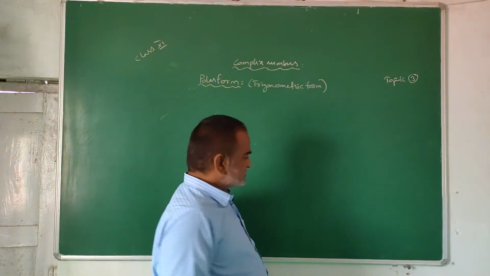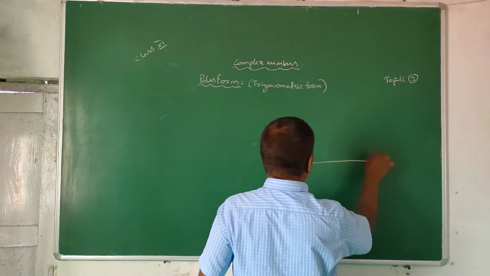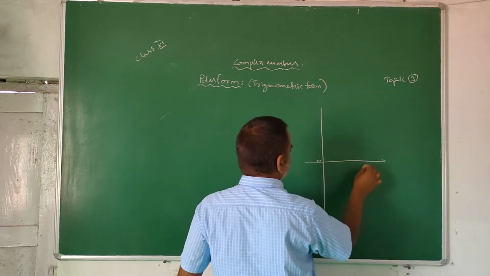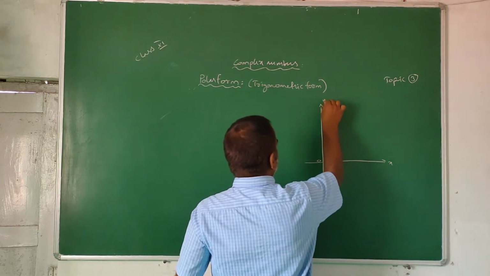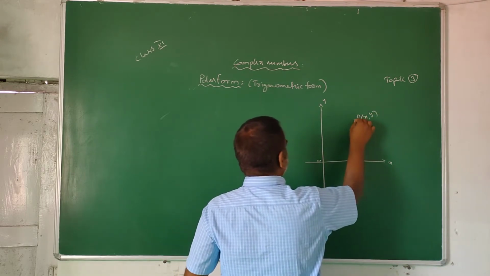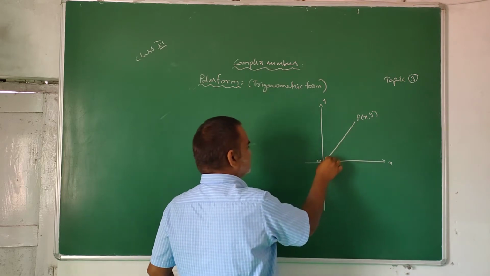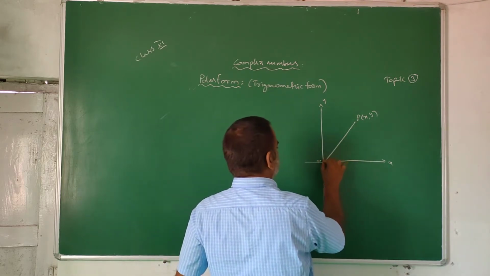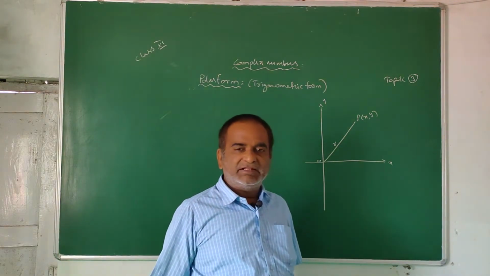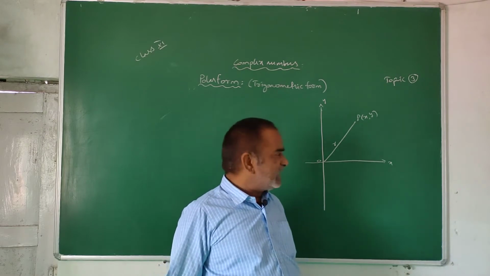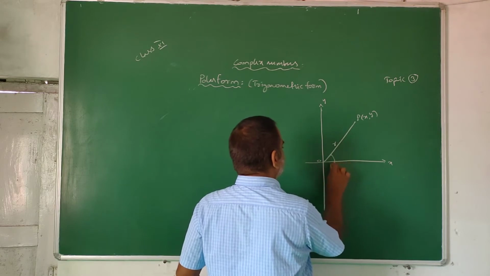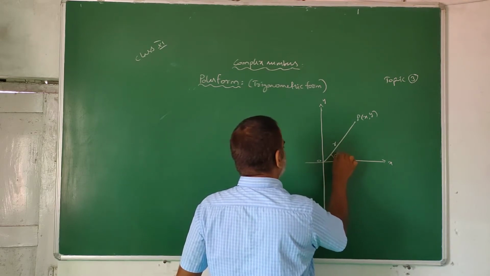So now, dear students, you see here, it's the Argand plane. There is a point P(x, y) whose distance from the origin is, say, r units, and this point P represents the complex number z = x + iy, and let theta be the argument of the complex number z.